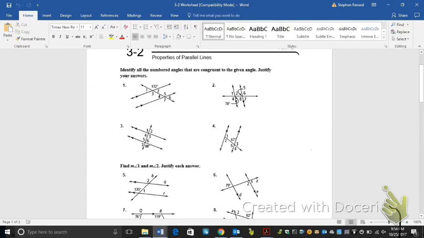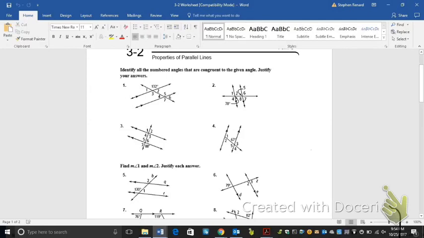A lot of what we do from here on out, specifically when we are talking about parallel lines and transversals, we need to be going over and making sure we understand what these angle pairs are and what they mean.